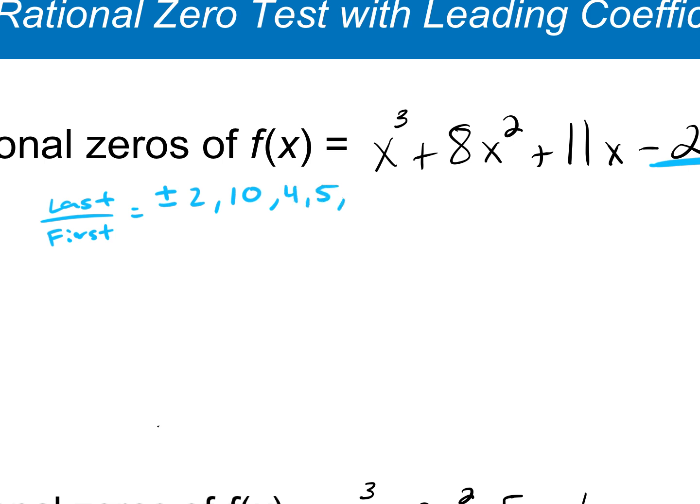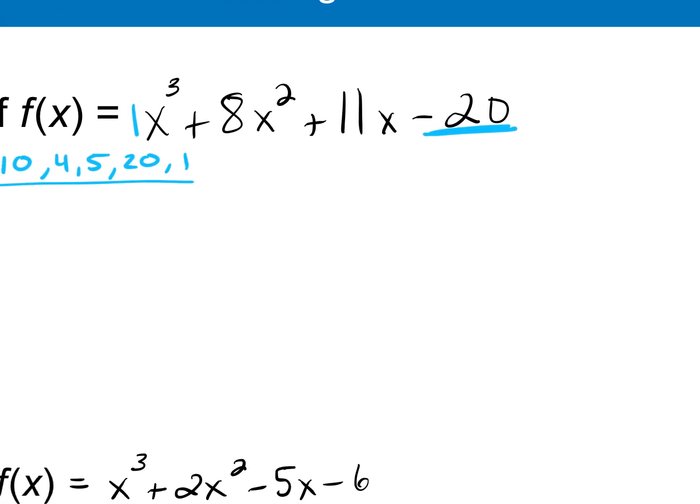What else? 20 and 1. Awesome. Over factors of the first, what's our leading coefficient? 1. And what are factors of 1? Just 1. So we're only working with whole numbers here: 2 over 1, 10 over 1, 4 over 1, 5 over 1, which are just all the whole numbers. So now we've got to do synthetic division.